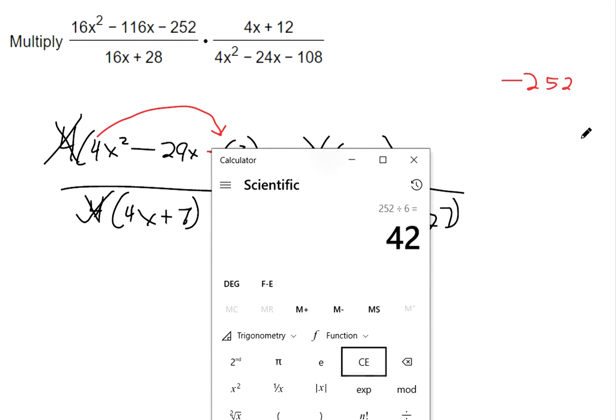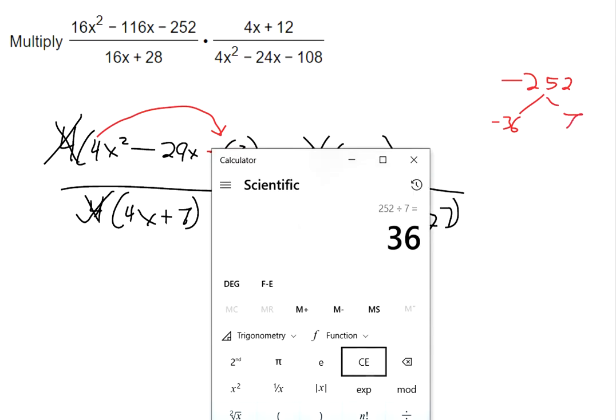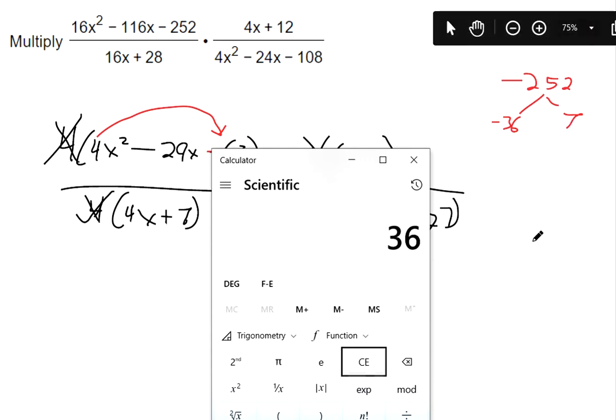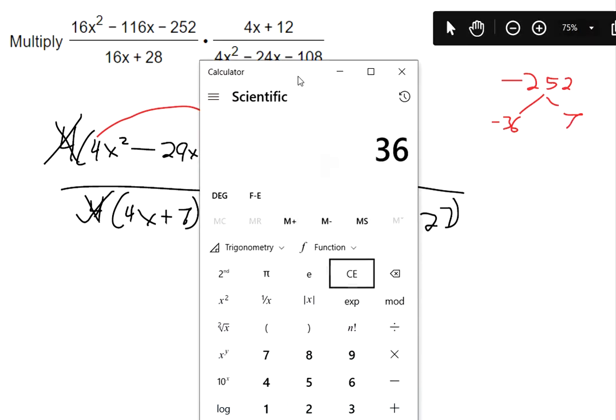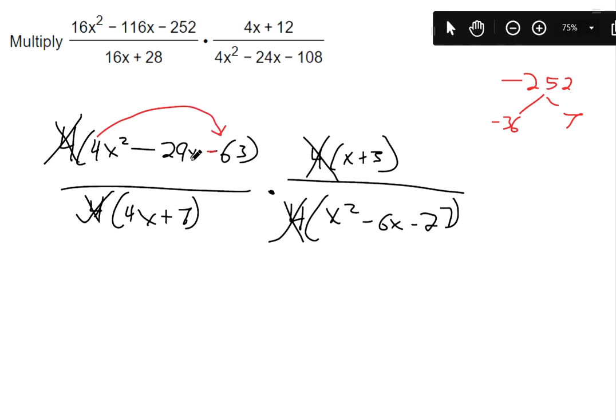Maybe this one is as far as it can go. It's 252 divided by 7. Oh, wait, that's the combo, okay? 7 and 36, because look, if you make the 36 be negative, and you have a 7, 36 times 7 makes 252. So negative 36 times 7 makes negative 252. And then negative 36 plus 7, that makes negative 29, like it's supposed to.